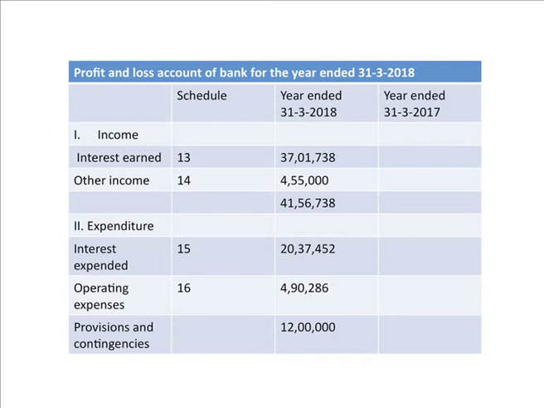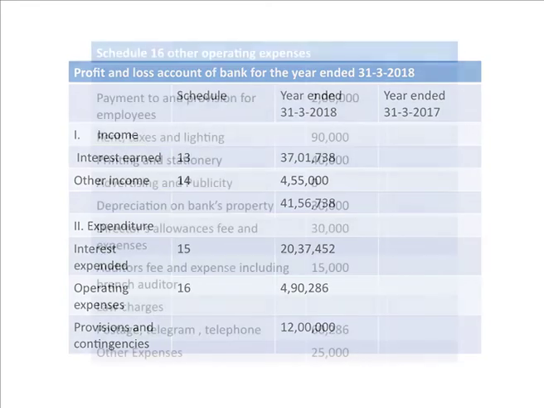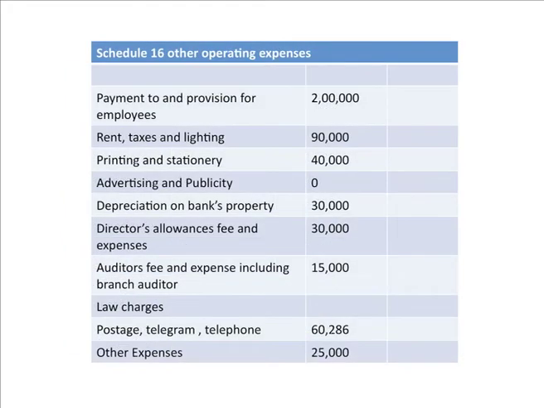that is 20,37,452. Now we are going to prepare the operating expenses schedule, that is schedule number 16. Under schedule number 16, other operating expense details will be given. First is payment to and provision for employees, given as 2 lakhs; rents, taxes and lighting 90,000; printing and stationery 40,000; depreciation on bank's property 30,000; directors' fees, allowances and expenses 30,000; auditors' fees and expenses including branch auditor 15,000.